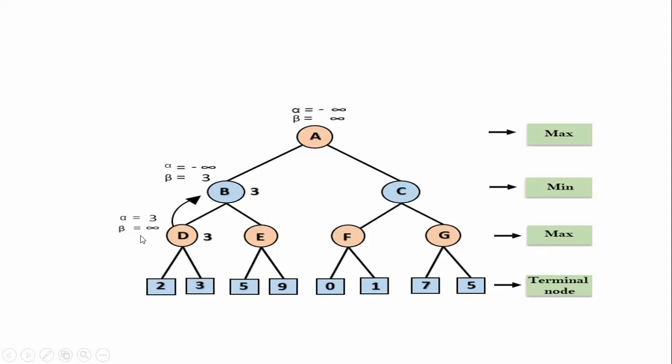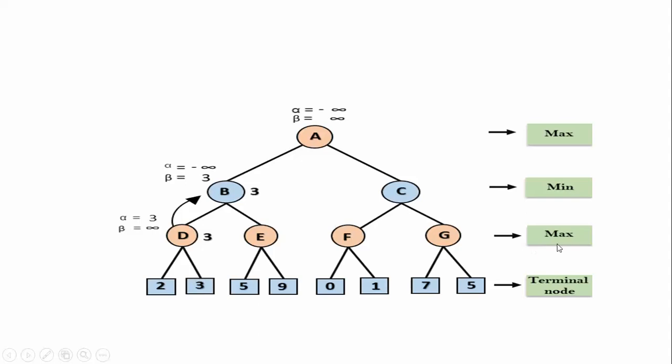I am going to check minus infinity with 2 and then I am checking 2 with 3. If I check minus infinity with 2, what is the maximum value? 2. Again I backtrack. Among 2 and 3, which one is the maximum value? 3. That value I am going to update to alpha, because alpha is the maximizer value.